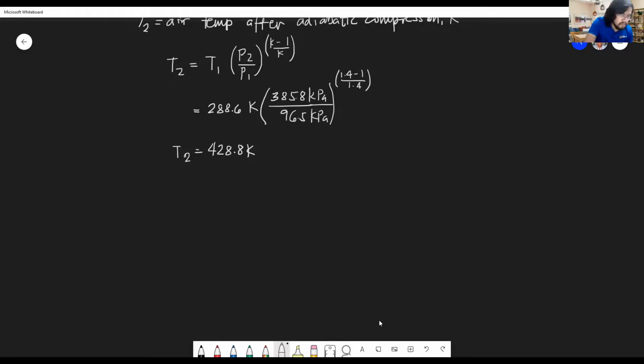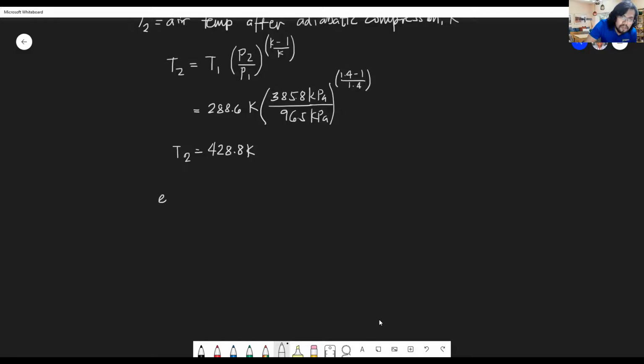All right, now we want the T2 prime. So there's an actual temperature due to isentropic compression. That's not equal to 428.8. So we have an efficiency involved, right? The efficiency is going to identify the loss in temperature.